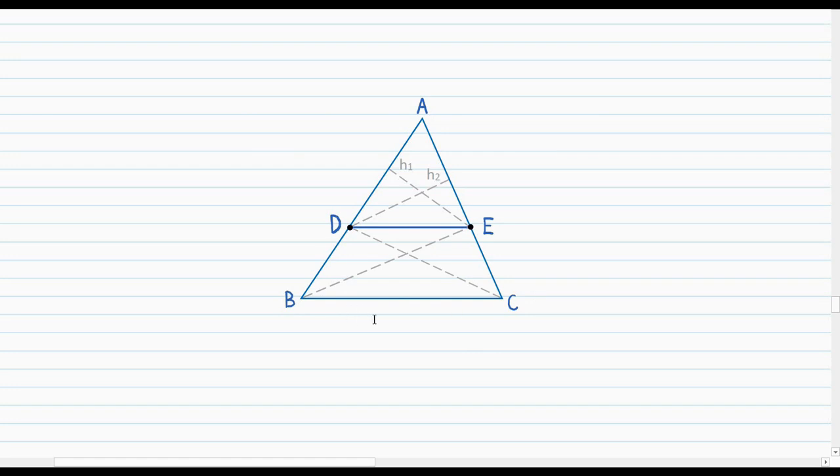And from this, we can say that the area of triangle BED would be equal to the area of triangle CDE, since both would have the same base of DE and the same perpendicular height. So this triangle and this triangle, both with base DE and perpendicular height like this.